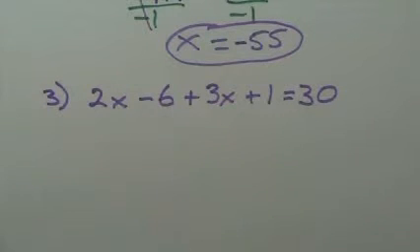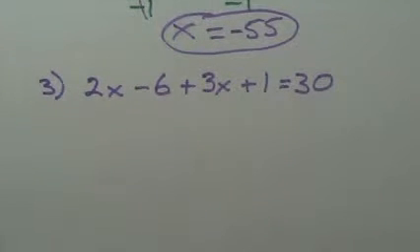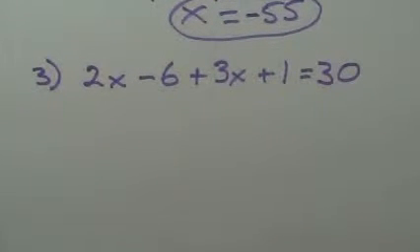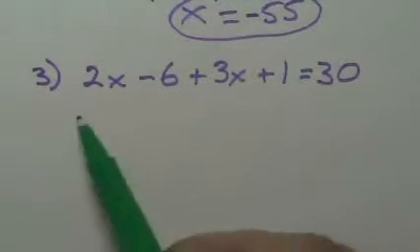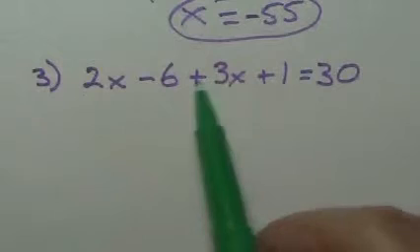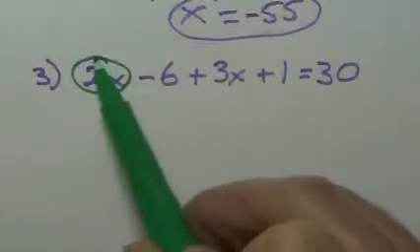Okay, here's number 3, third example. All right, let's look for our like terms. Let's see, I have a 2x and a 3x. I'm going to circle those.